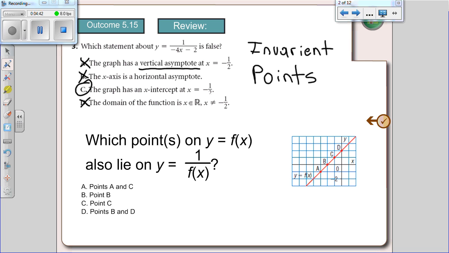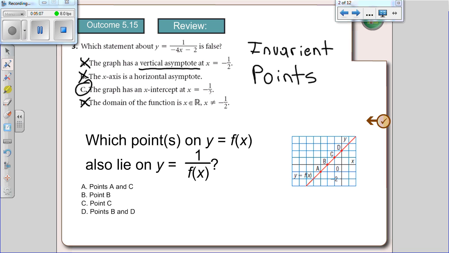That's what invariant points are. So what that means is if you took a graph, like this one right here, this beautiful red line, and you took the reciprocal of that, there would be some points that are on both this graph and the reciprocal graph. Those points are called invariant points. Who remembers where they're always found?